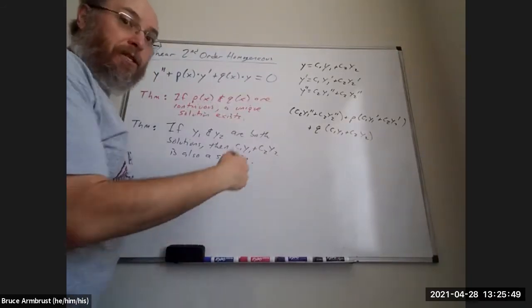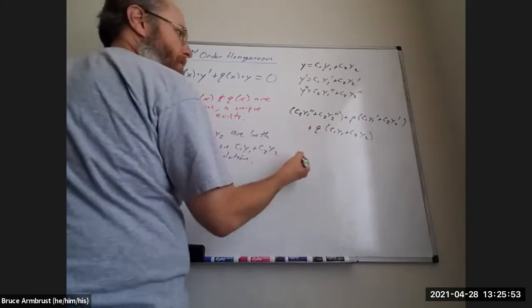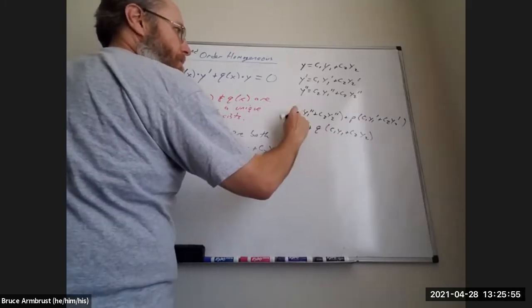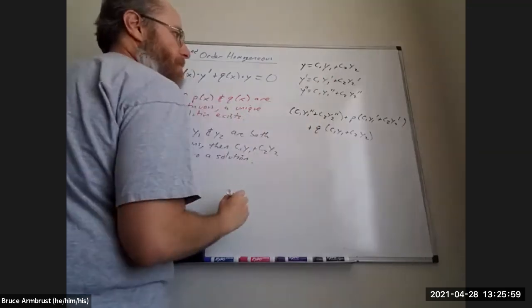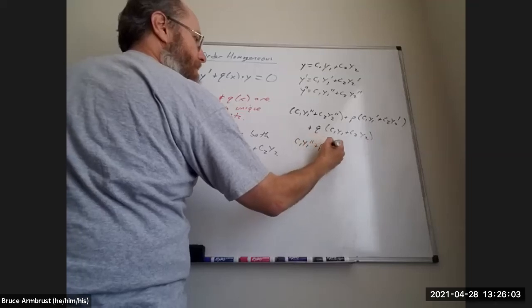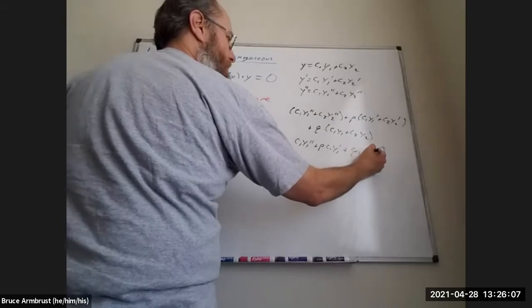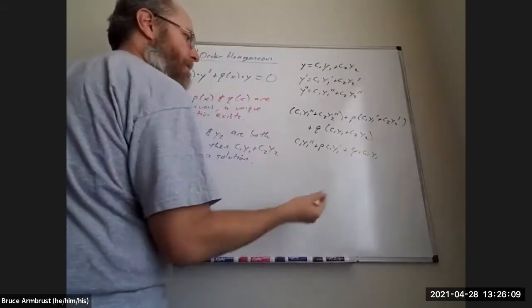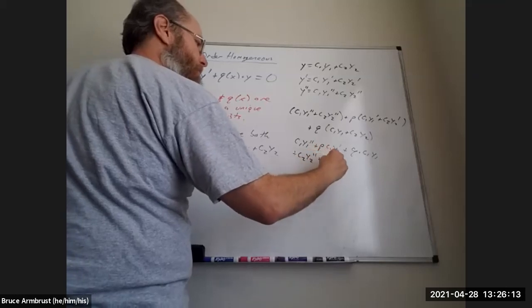If you distribute and then bring together all the ones that have y1s, so we're going to get a c1 y1 double prime plus p times c1 y1 prime plus q times c1 y1. And then you're going to see exactly the same thing, but with the 2's.